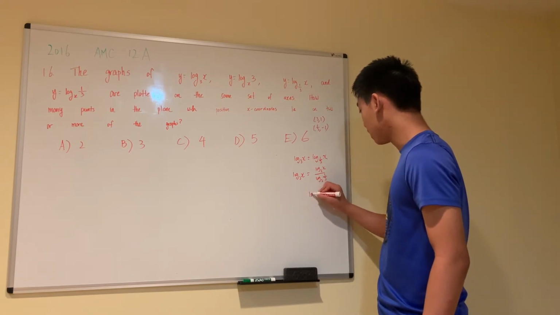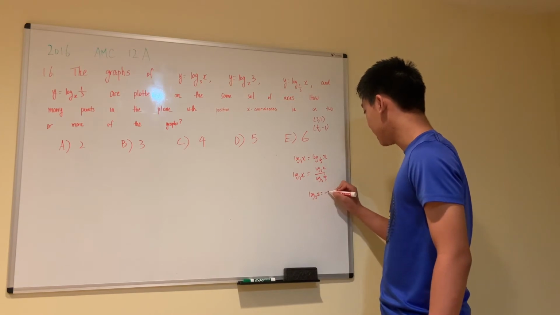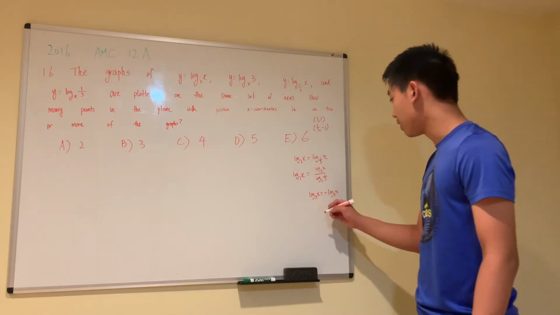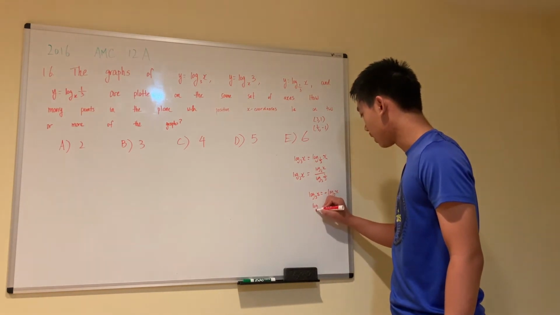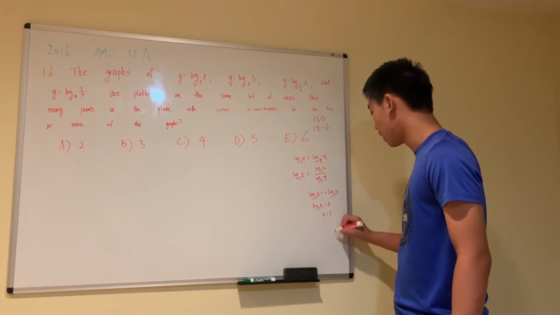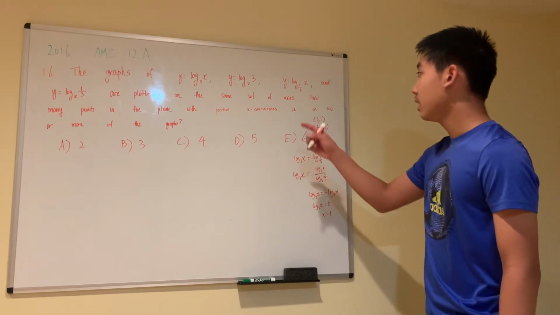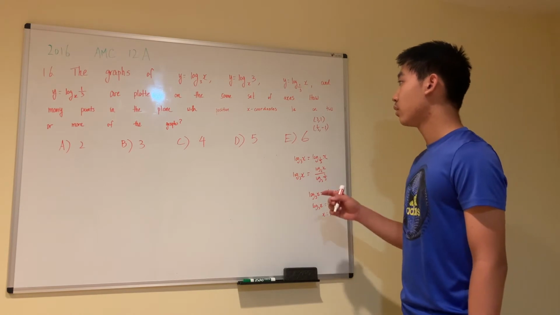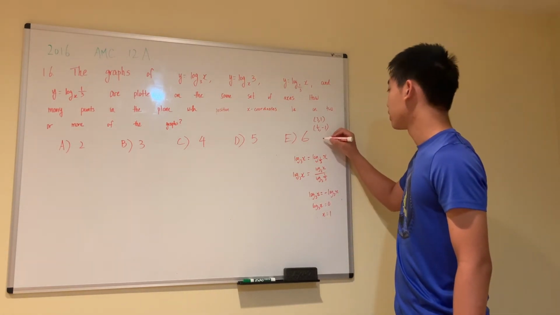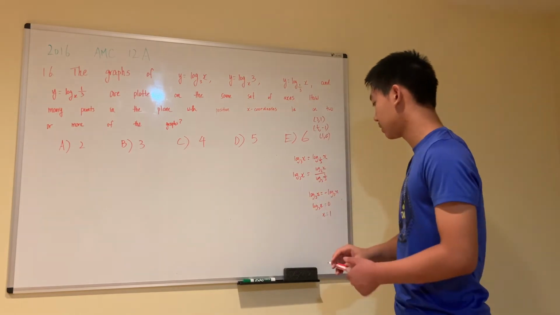So we're going to have log base 3 of x equals negative log base 3 of x. And the only way this is possible is if log base 3 of x is 0. So log base 3 of x equals 0, x equals 1. And if we plug in 1 to the first equation, y is going to be equal to 0. So we're going to have (1, 0) as one of our solutions.